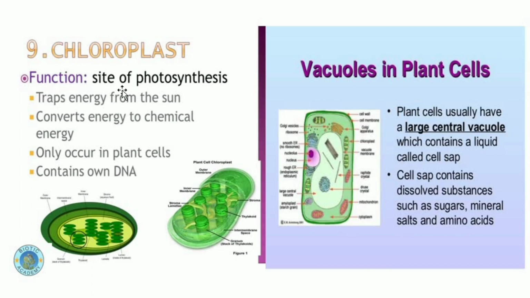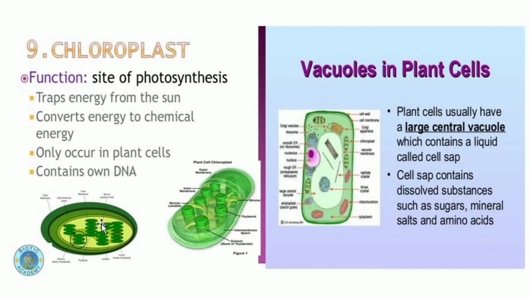Chloroplast, as I've told you, is the site of photosynthesis. This is a longitudinal section of the chloroplast, showing how it looks from inside. It has a thylakoid layer structure, and the thylakoids are the site where photosynthesis takes place. The chlorophyll present within this chloroplast helps convert sunlight energy into chemical energy for photosynthesis.